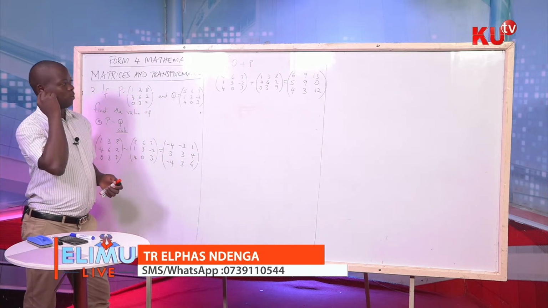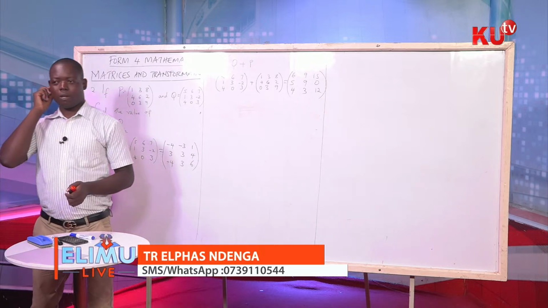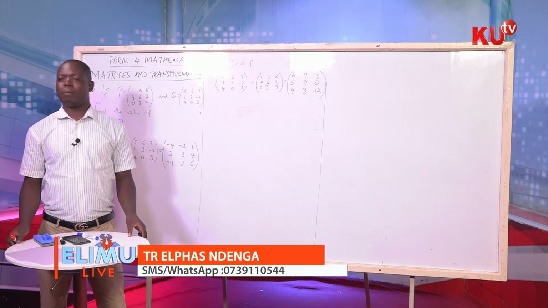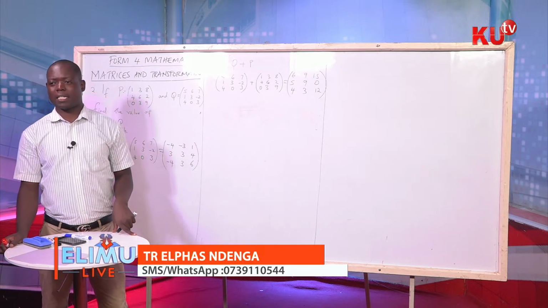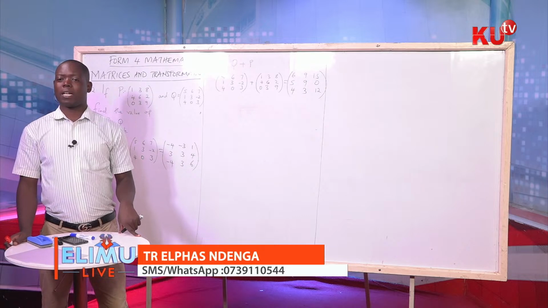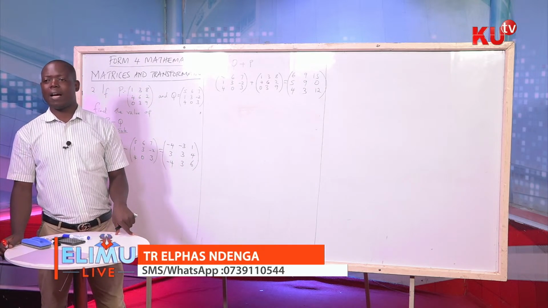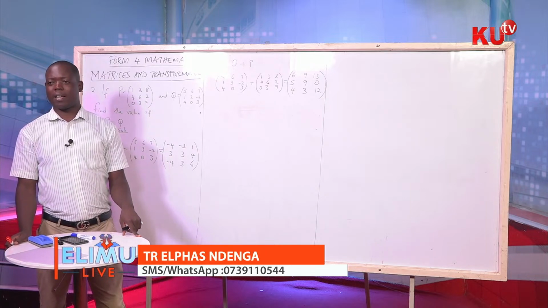Item number 2 that, students, we also need to remember is what we call multiplication of matrices. Under multiplication of matrices, we first need to do what we call scalar multiplication.